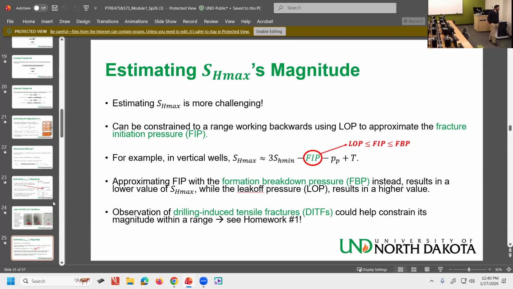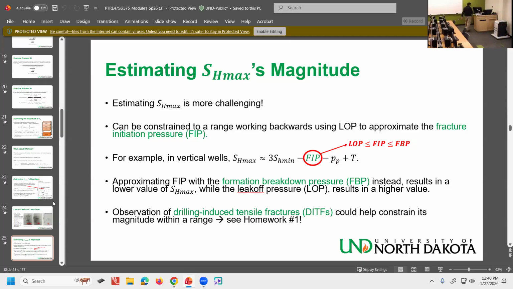For vertical wells, this equation here can be used to approximate SH max. Now, this is not universally applicable. It's only applicable in some places. And we will understand how this approximation is derived.